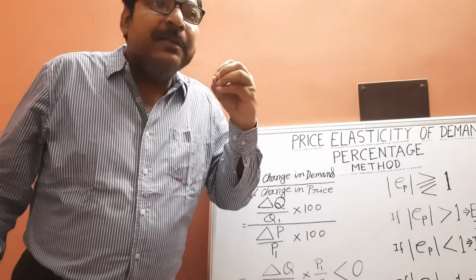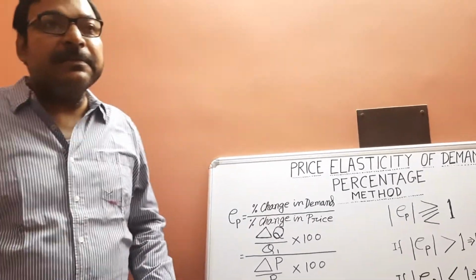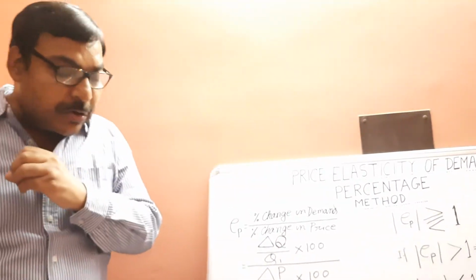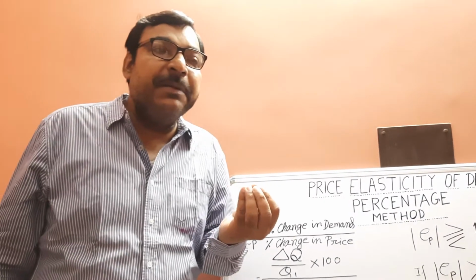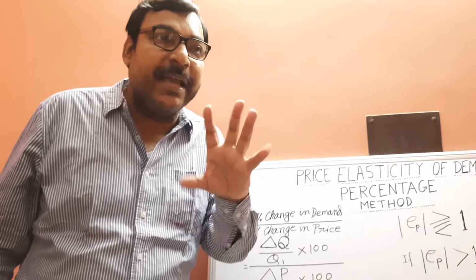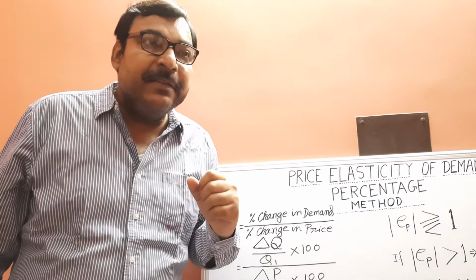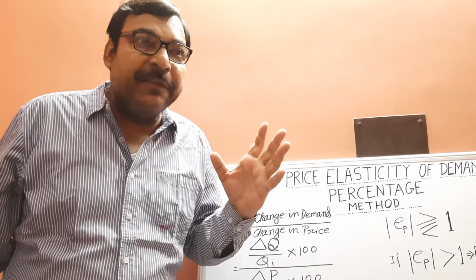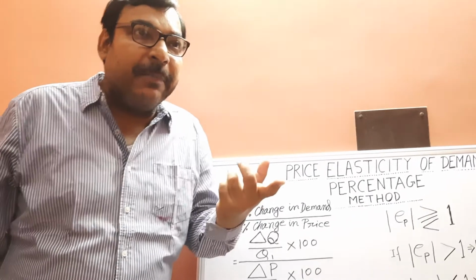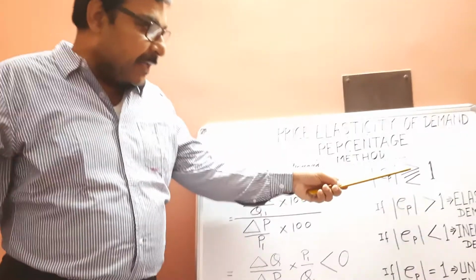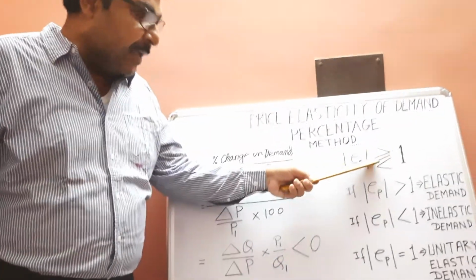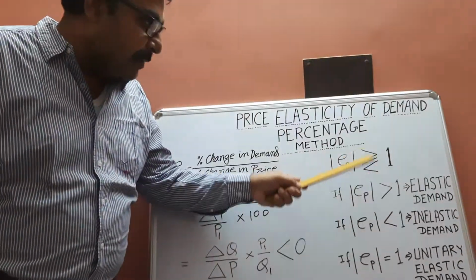The negative sign will not be taken into consideration. If you do not consider the negative sign, then the coefficient of price elasticity of demand is only a number. No negative sign. So if you ignore negativity, if it is only a number, this number may be greater than 1, may be equal to 1, may be less than 1.